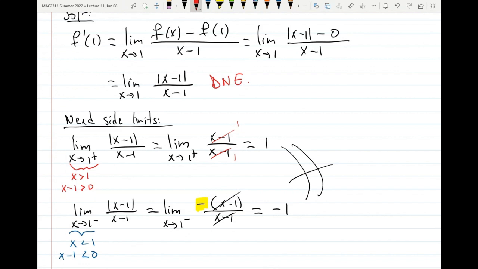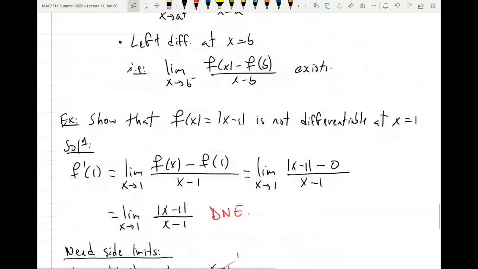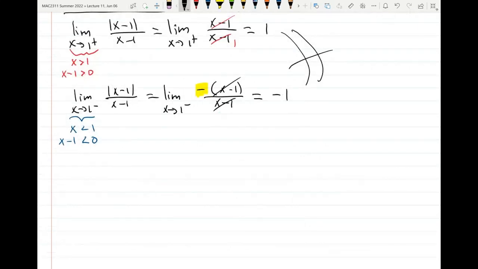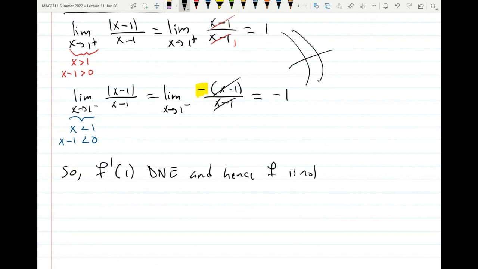Do you understand this? That was the point of the question, to show that it's not differentiable at 1. So f prime of 1 does not exist, and hence f is not differentiable at x equal 1.